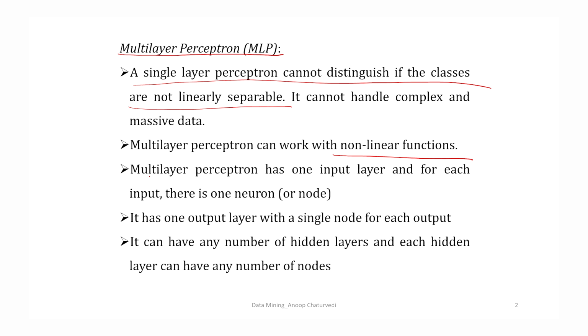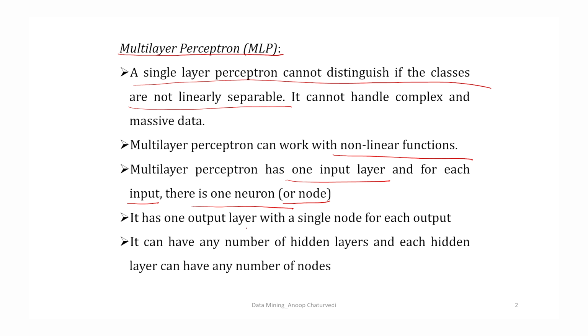Multi-layer perceptron has one input layer from where the input enters, and then corresponding to each input variable, there is one neuron or one node, and then it has one output layer.